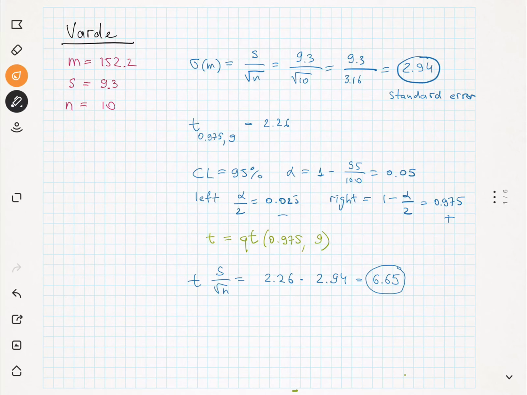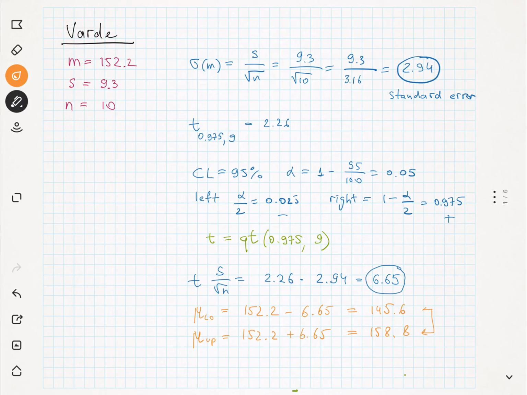So the smallest possible mu will be 152.2 minus 6.65, which gives us 145.6. I will just round it to one decimal. Then the largest possible value is 152.2 plus 6.65, which gives us 158.8. Again, I will just round it. Okay. So this is my confidence interval.